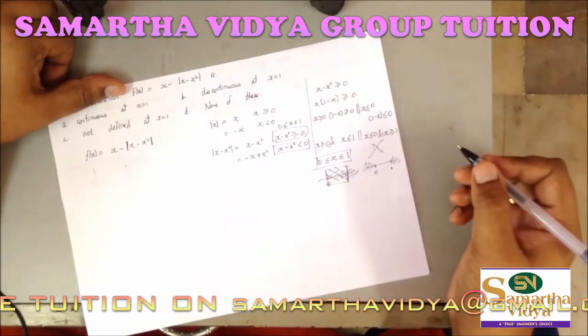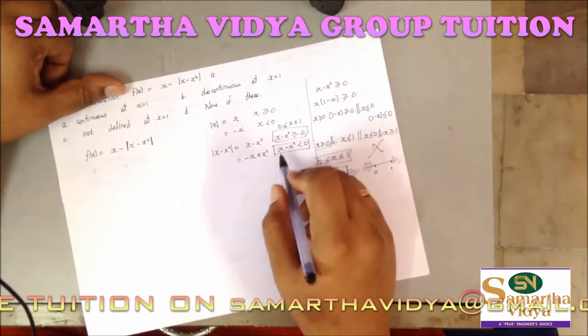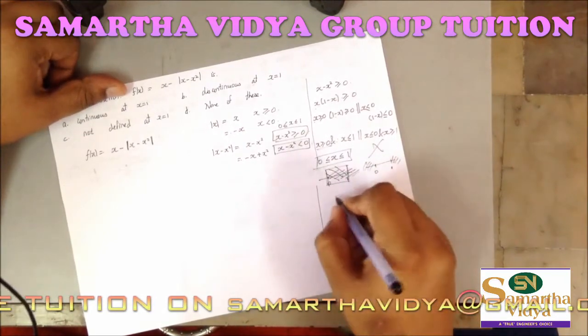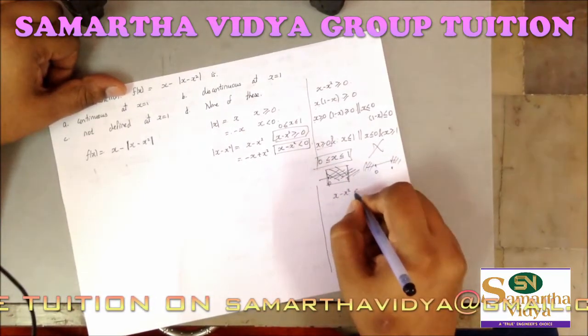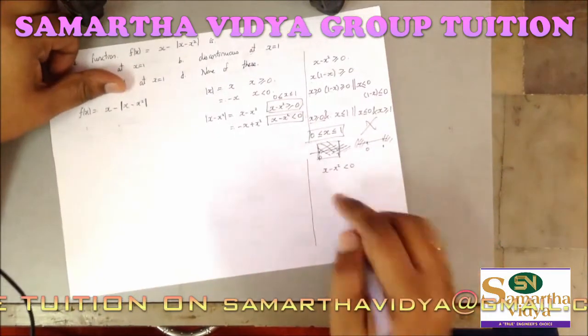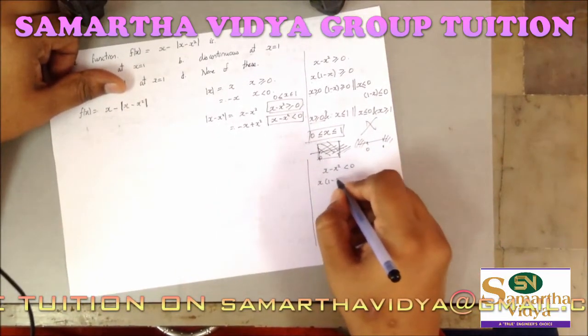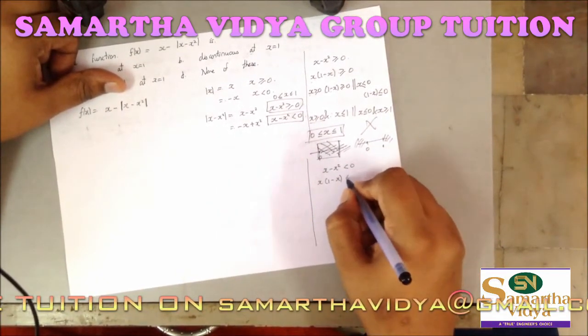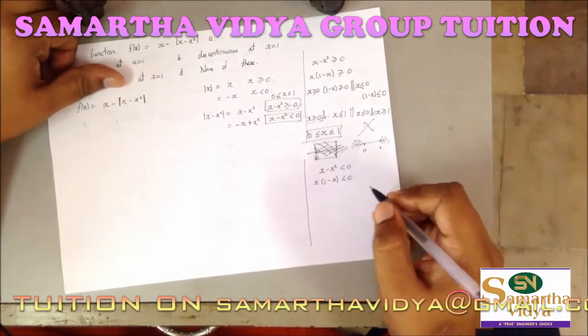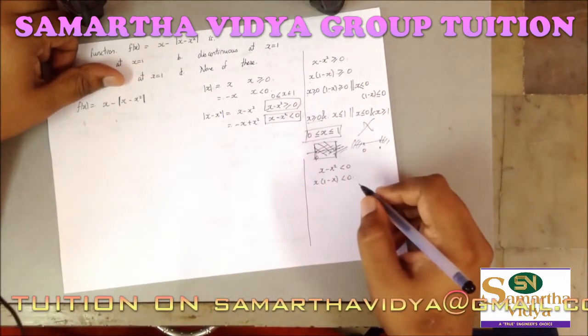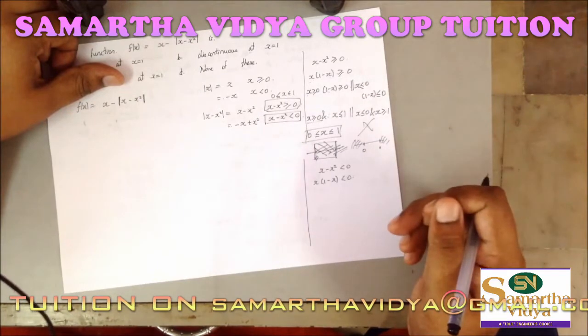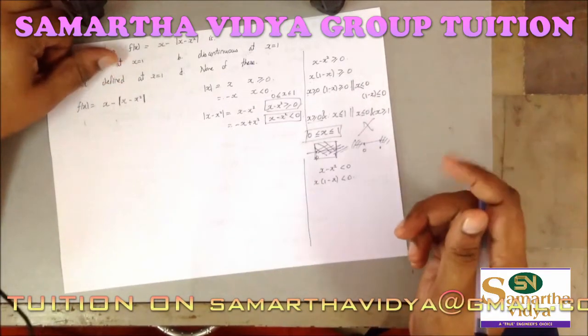Now going for the next one, that is x minus x square is less than 0. So again we have two factors, x and 1 minus x. Now whenever two numbers' product is negative, that means either of the numbers is negative, not both of them.